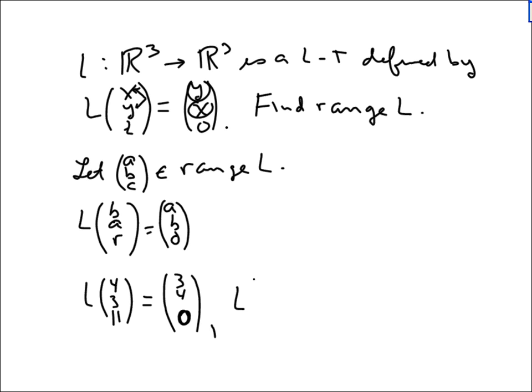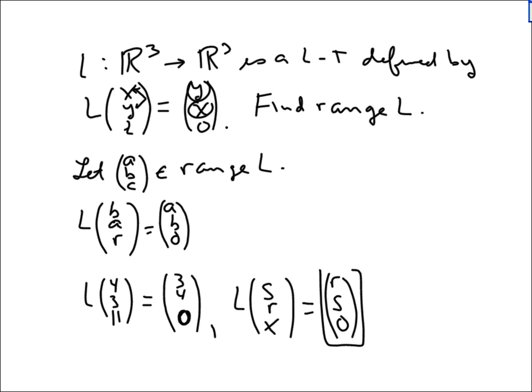Okay, if you want to get R, S, 0, anything, call it X. So I can take L of things and get things in this form.